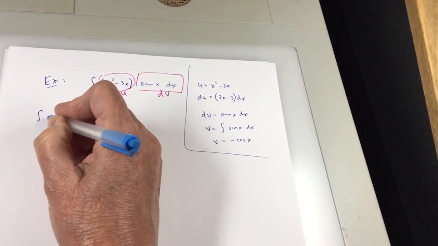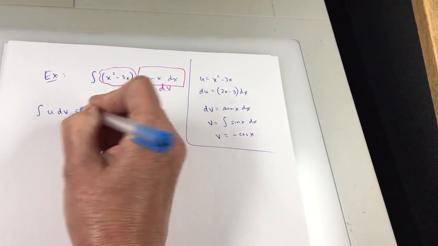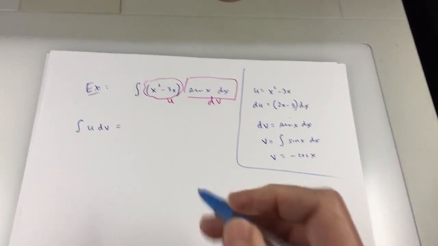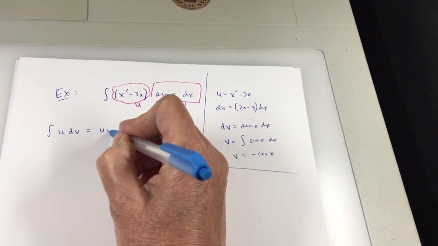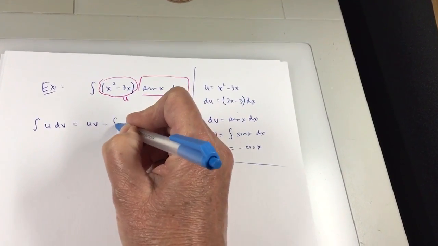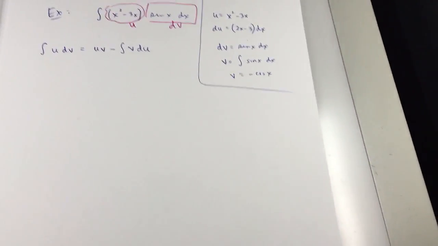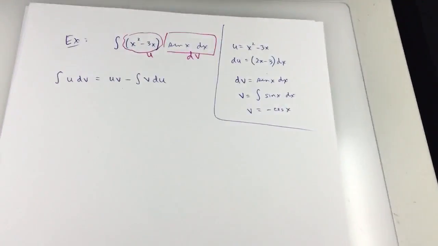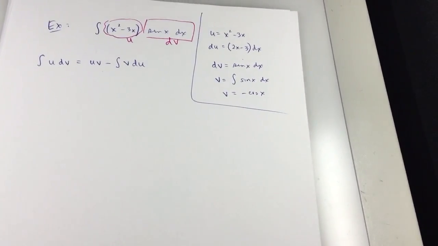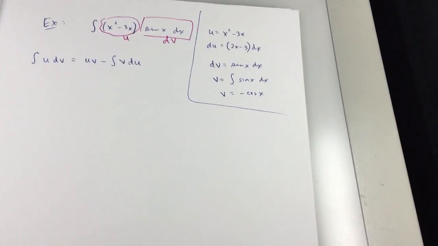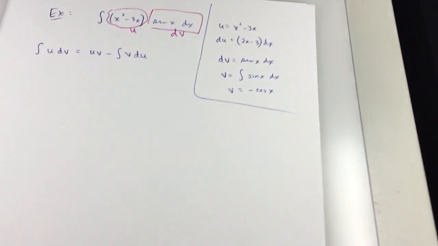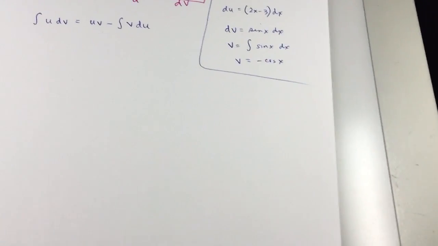So we're doing the integral of u dv. The formula is u times v minus the integral of v du. You should be saying that in your sleep. You should study it enough. Have you ever studied something so much you dreamed about it? Yes, me too. You should be dreaming about this formula.